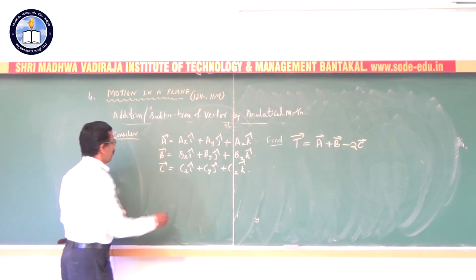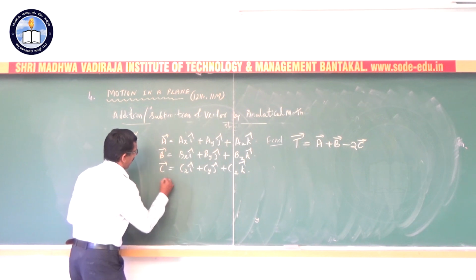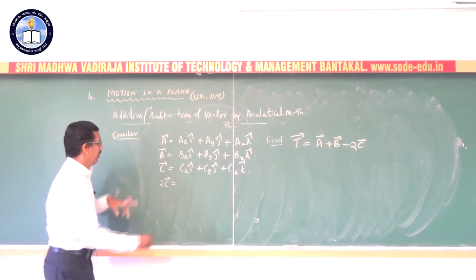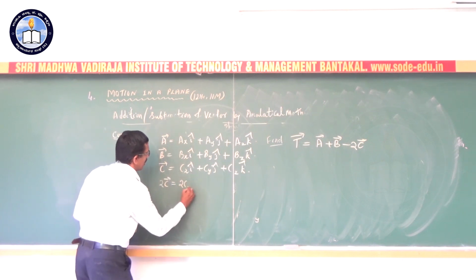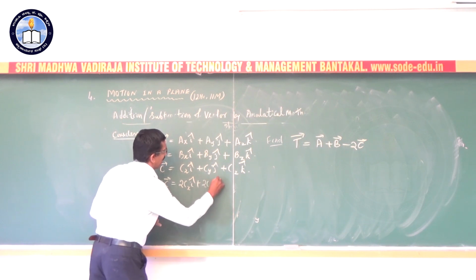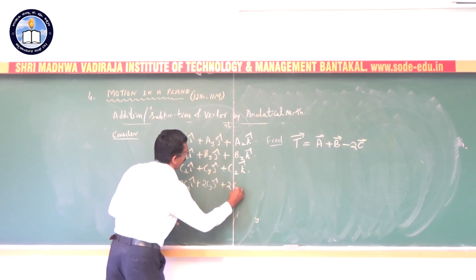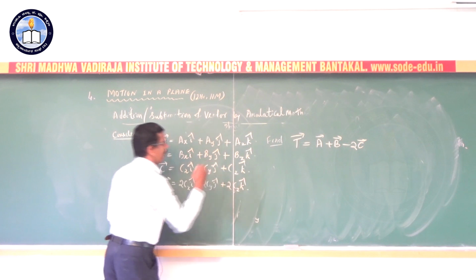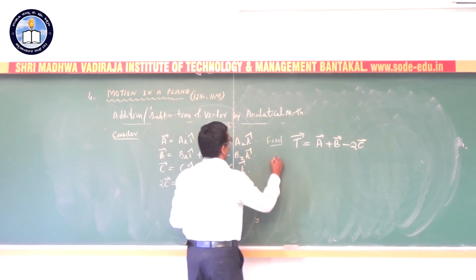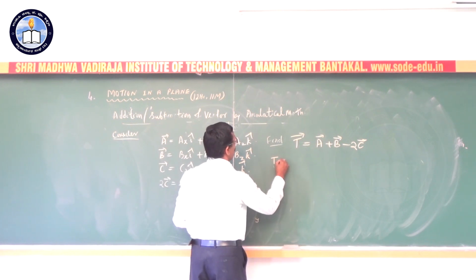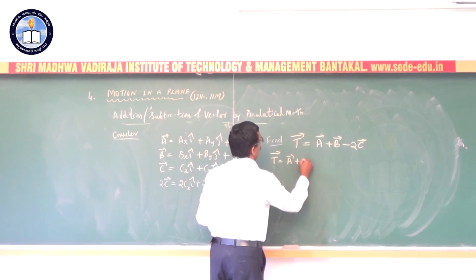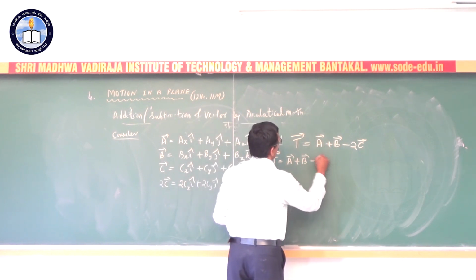What to do? First, keep 2C ready. What is 2C? 2cx into i cap plus 2cy into j cap plus 2cz into k cap. Now do the required addition or subtraction. T is equal to A plus B minus 2C.